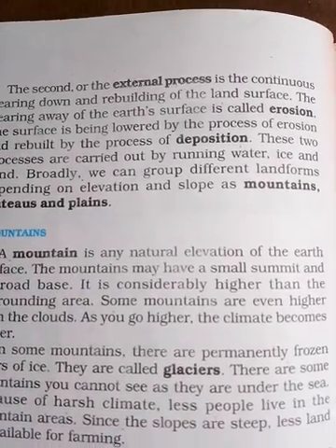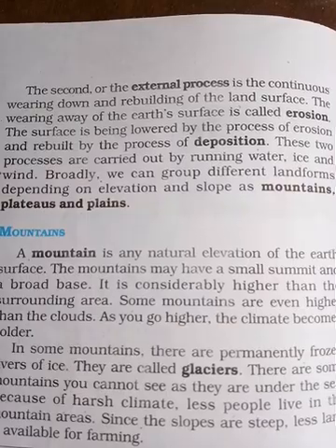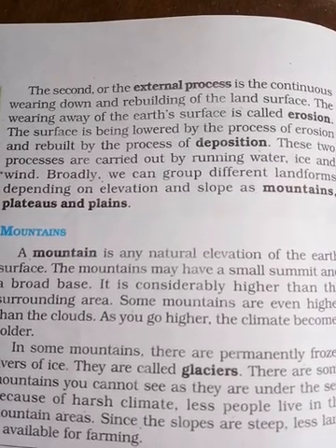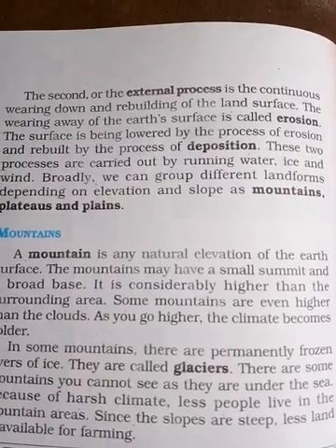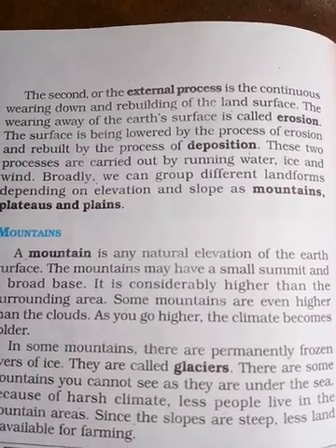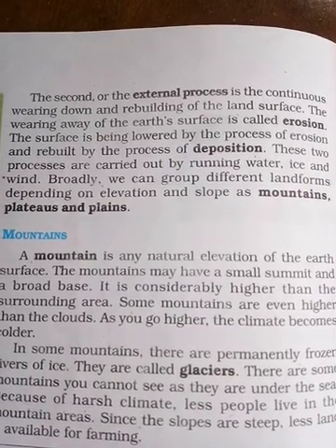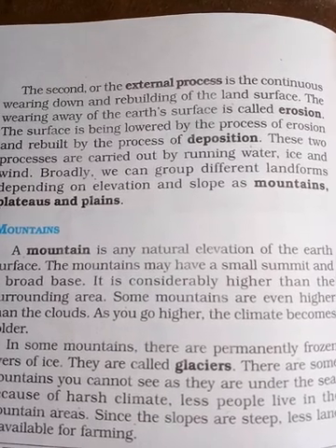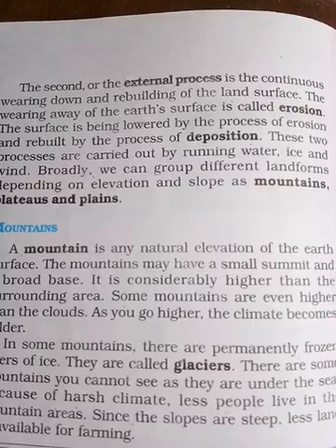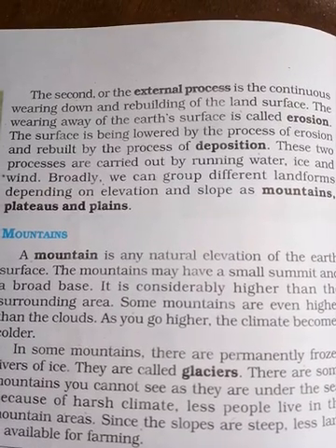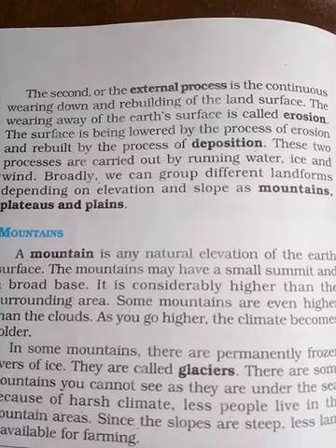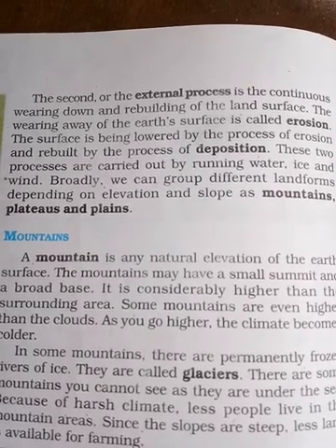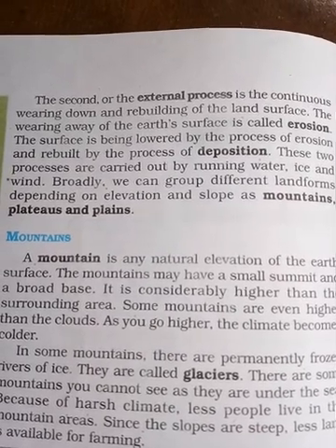The wearing away of the land surface is called erosion. Erosion means wearing down. The surface is lowered by the process of erosion and rebuilt by the process of deposition. That means the surface which is lowered by erosion is again rebuilt by the process of deposition.